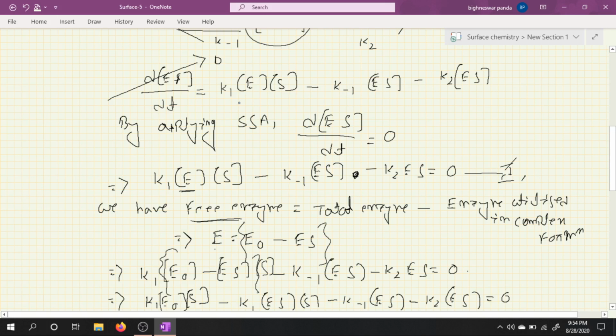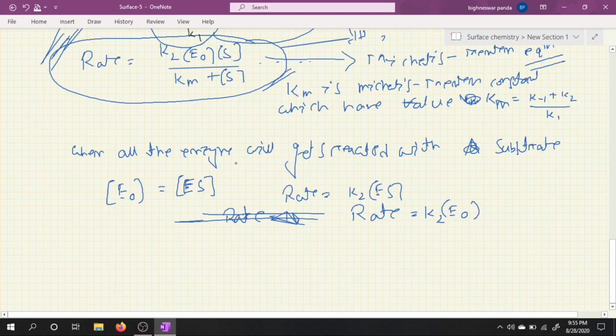So simply write rate is equal to K2 E naught, and this rate is the maximum rate.